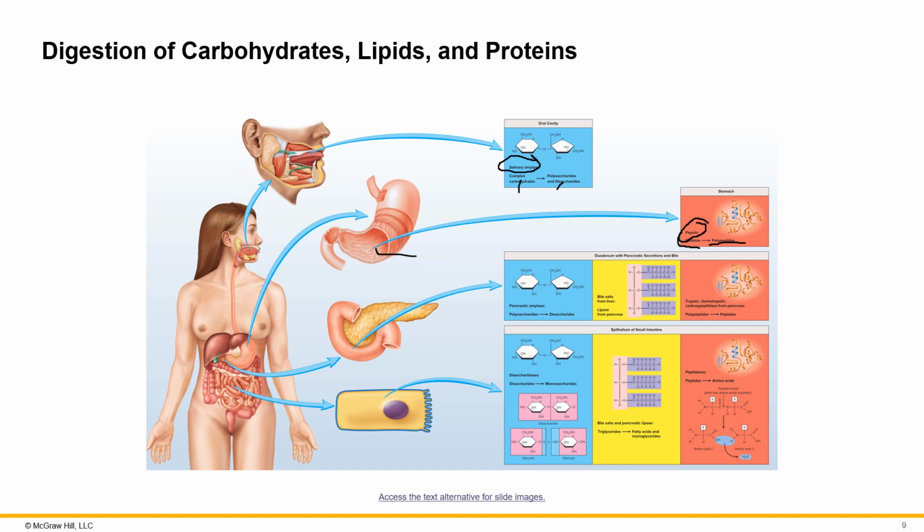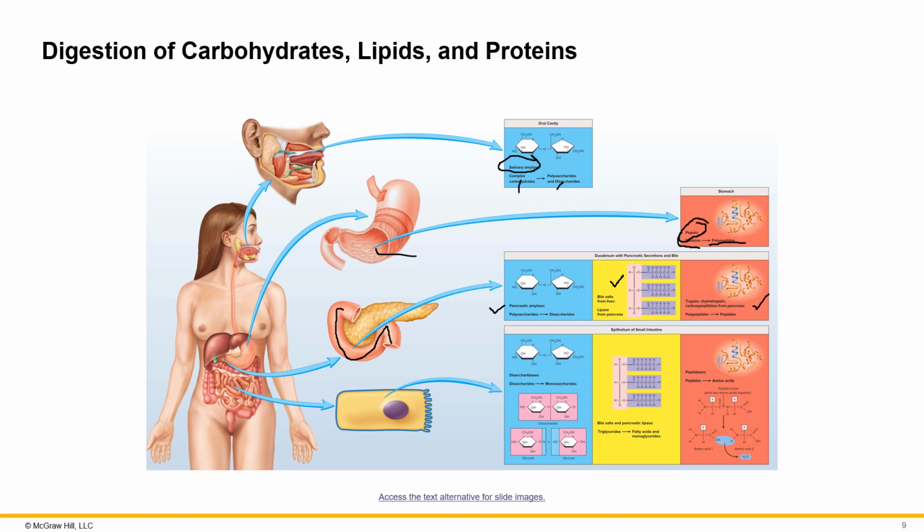In your duodenum, which is where all of the pancreatic and bile secretions have been purged, you have pancreatic amylase that continues the polysaccharide digestion. You have bile and bile salts that are starting to digest and hydrolyze lipids. And you have peptidases, your brush border enzymes, that are continuing the protein digestion.